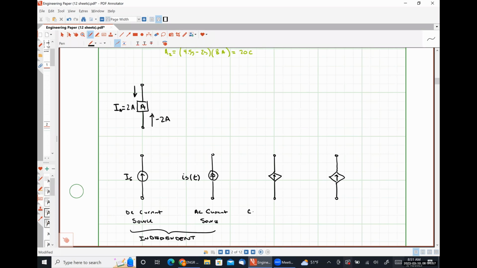Let's call this one on the left a current controlled current source, and this one on the right will be a voltage controlled current source.